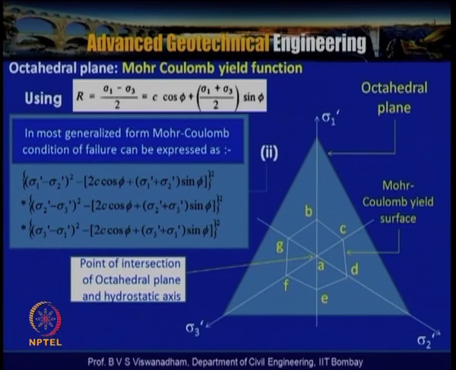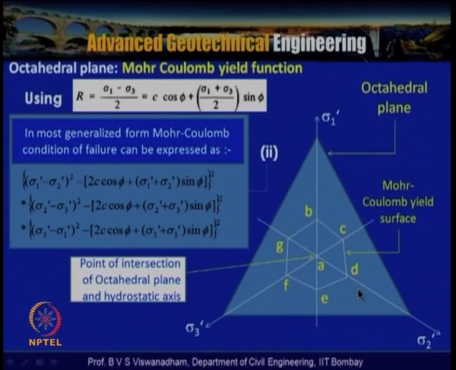The point of intersection of the octahedral plane and the hydrostatic axis is indicated by A, and B, C, D, E, F, G is the Mohr Coulomb yield surface. This is the Mohr Coulomb yield surface, and this is the octahedral plane.